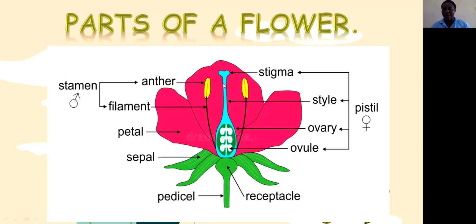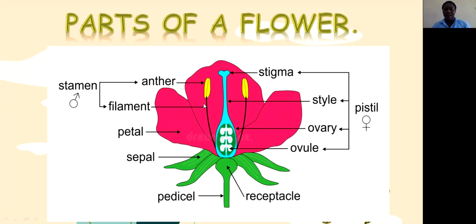Also, you must learn the spelling of this word, stigma, S-T-I-G-M-A, stigma. This is a tube down. I hope you have seen my mouse where it is pointing. It is called a style. And then from the style you go up to the stigma. So at this middle part, we have the stigma, we have the style.